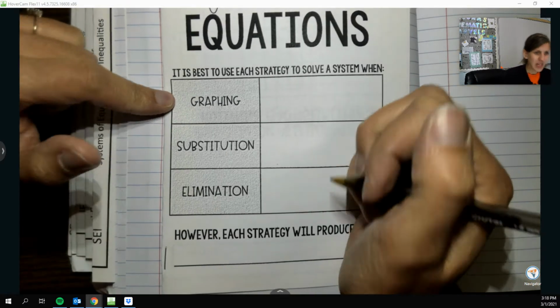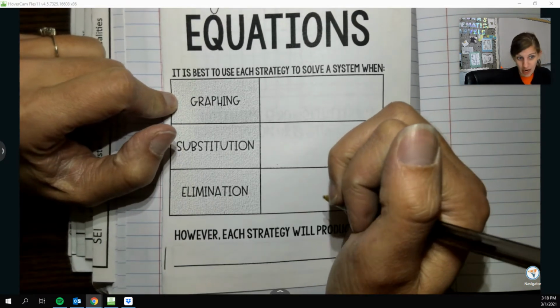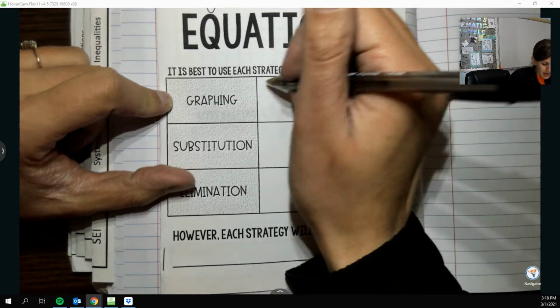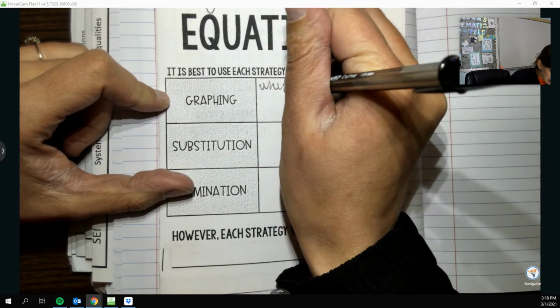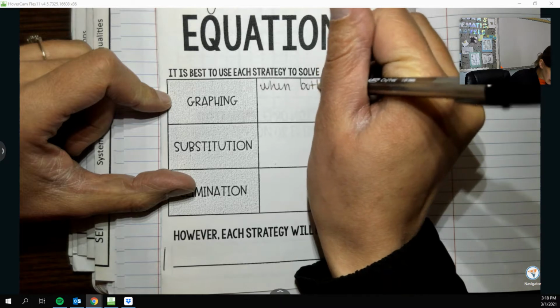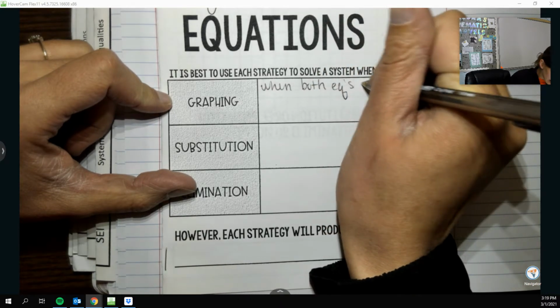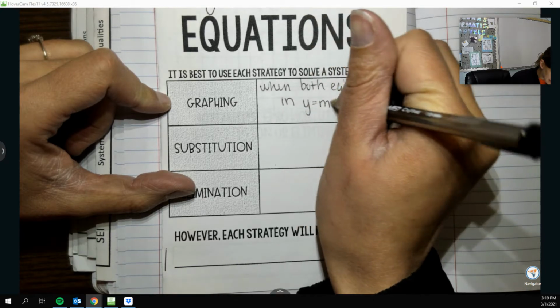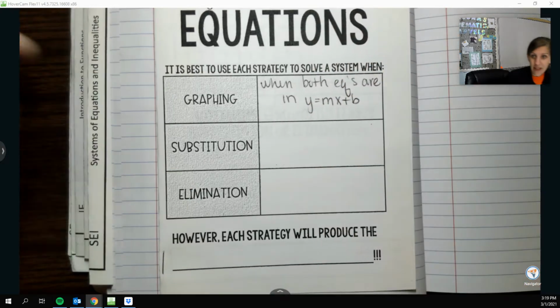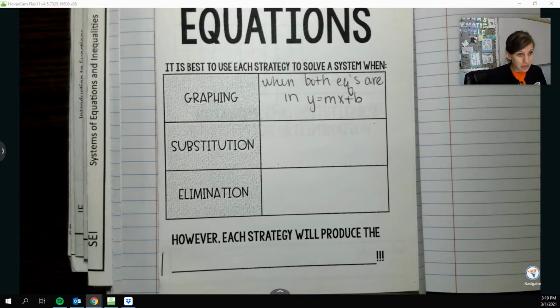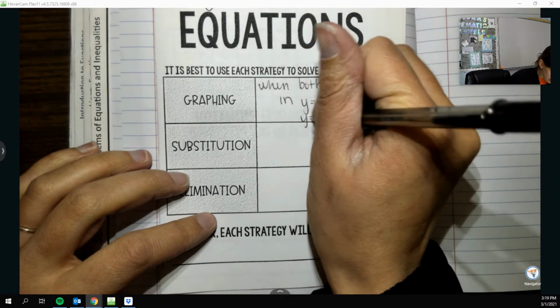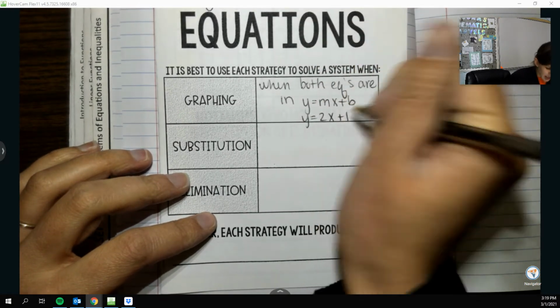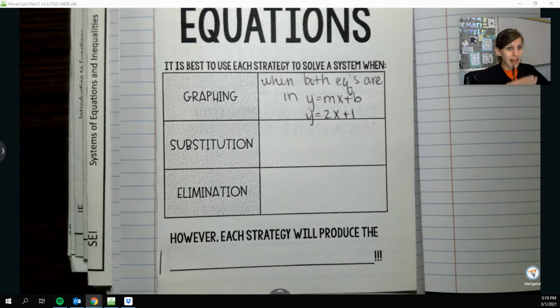So I'm probably often not going to graph, but I could graph when both equations are in y equals mx plus b. For example, if both are like y equals 2x plus 1, then I can pretty quickly just graph and look for where they cross each other.